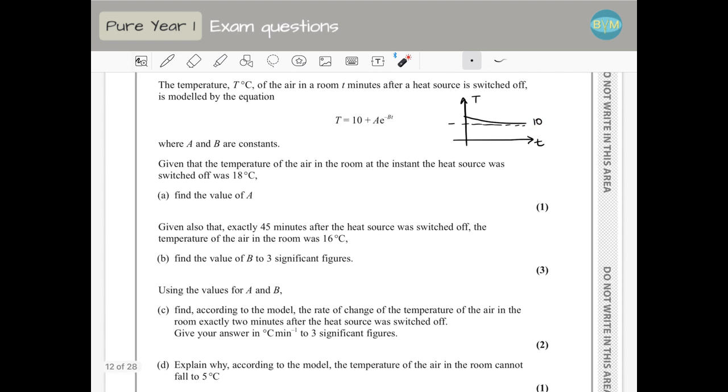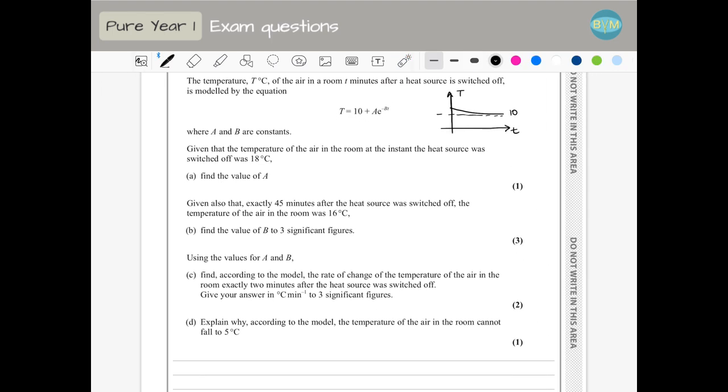So now, they say A and B are constants, and given that the temperature of the air in the room when the heating is turned off is 18 degrees, we have to find the value of A. Because we are starting to measure the temperature when t is 0, so when the heating is turned off, what they are telling us is the temperature when the time is 0 is 18 Celsius.